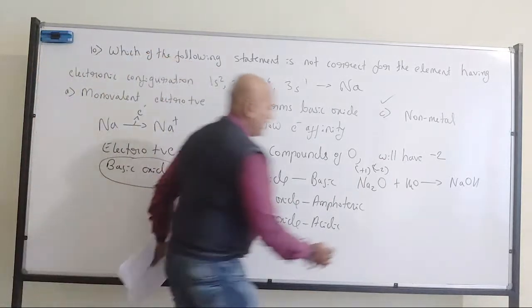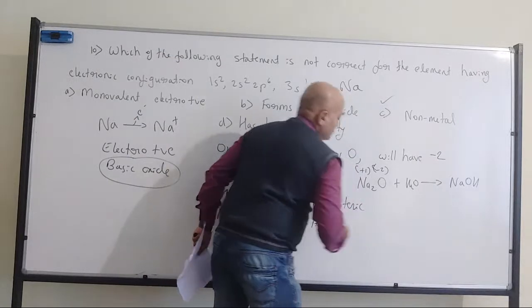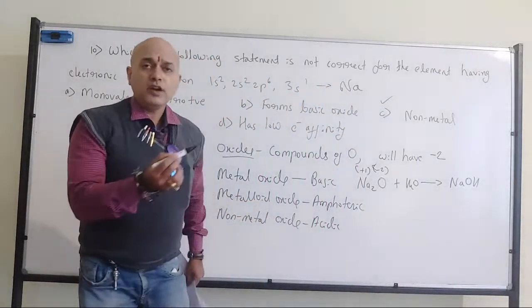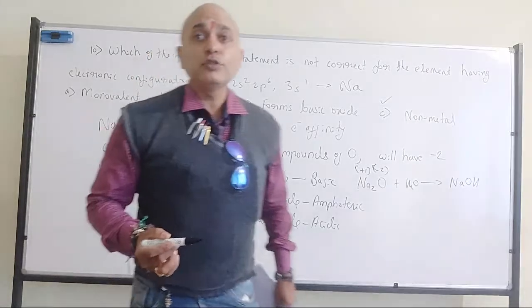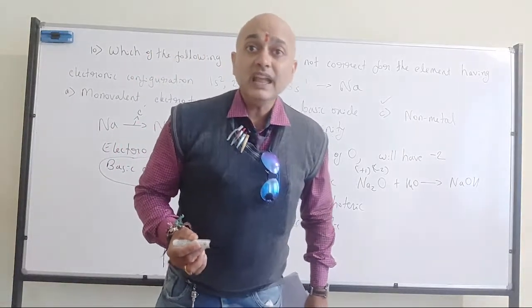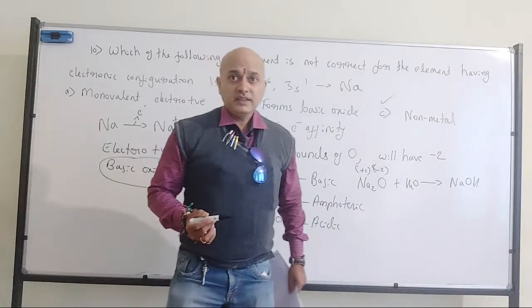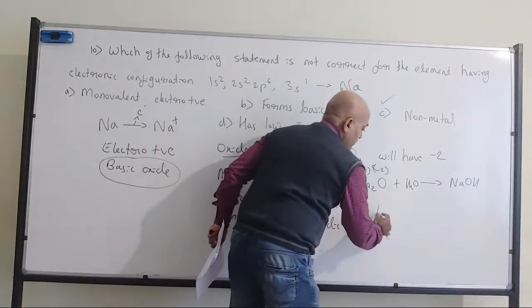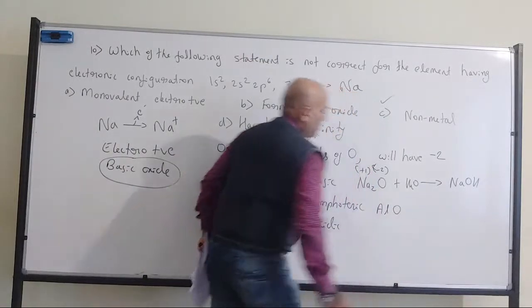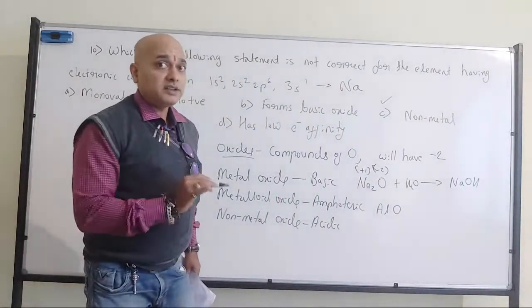Now someone of you have written aluminium oxide. Aluminium belongs to group 13, so 3 valence electrons, right? So when I am talking about aluminium oxide, I have not written the formula.